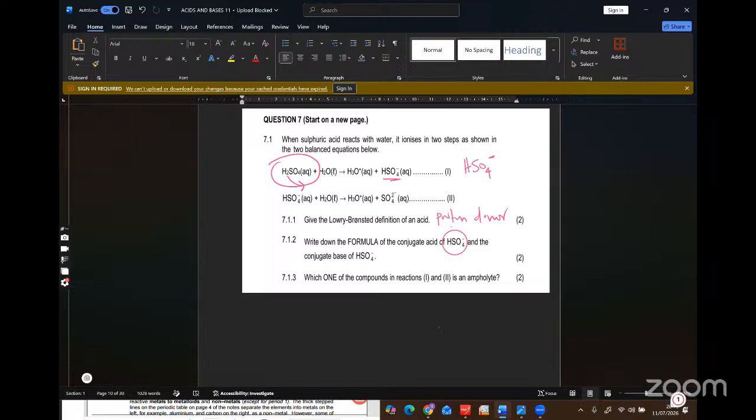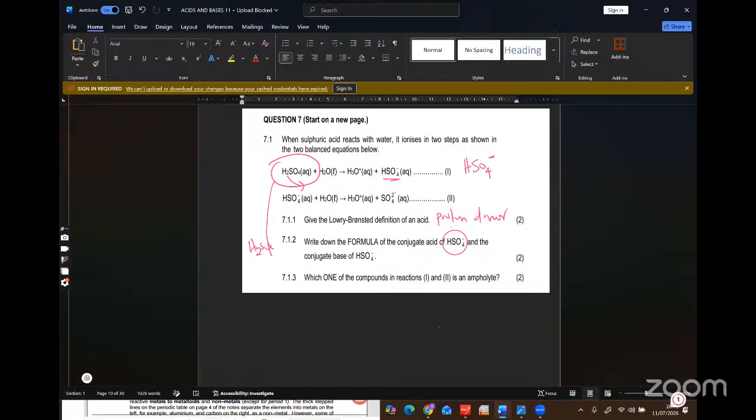So this is the conjugate acid of this one, and this is the product. So this one is H2SO4, is what you're writing.